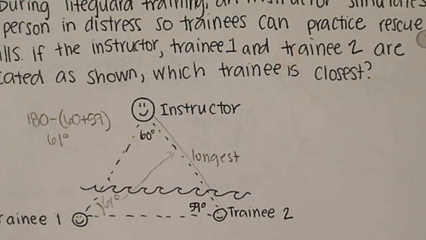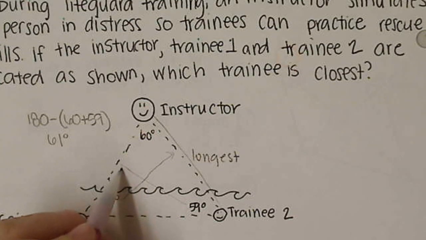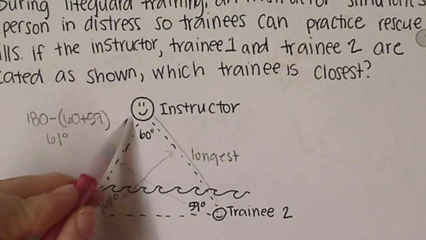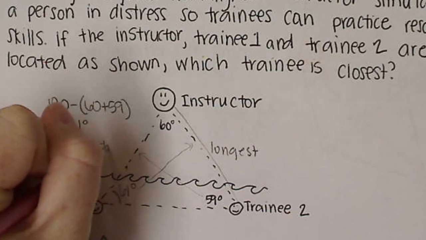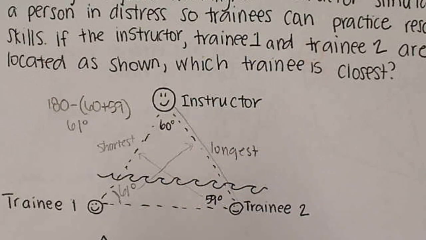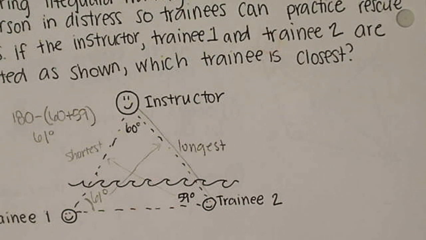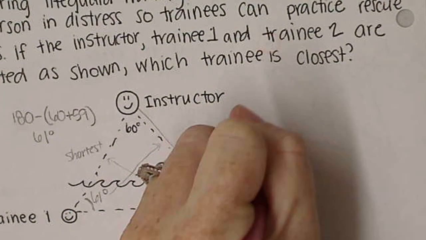Which angle is the shortest? 59 degrees. So what side is the shortest? Yep, that side over here, from the instructor to trainee 1. So which trainee is closer to the instructor? Trainee number 1.